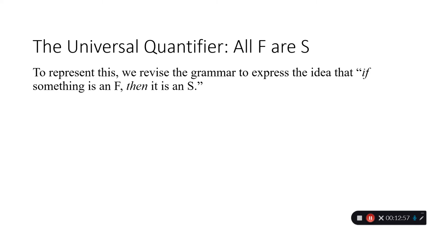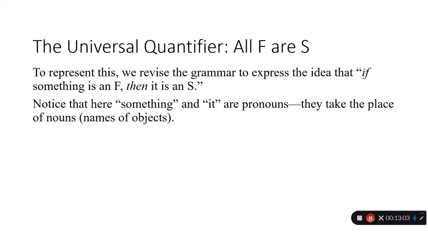The sentence means the same thing, that all fish are swimmers. So here, something and it are pronouns. They take the place of nouns, names of objects. Both something and it in that sentence are pronouns, and those are what are going to be replaced by variables.